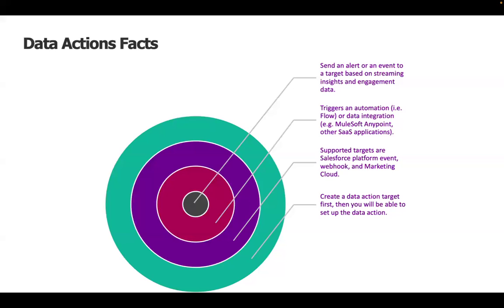So that's one of the questions. So that covers two questions, especially on this slide. You must go through the different documentation as well to understand more on these aspects of data actions. So only three targets it supports: platform event, webhook, and Marketing Cloud. And to create a data action, you require a data action target setup first, and then you can create the data actions. So these are some of the key facts.